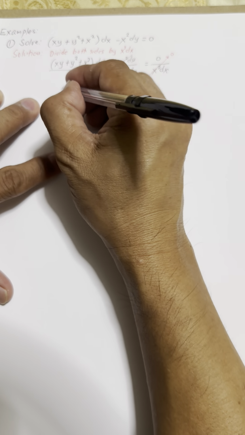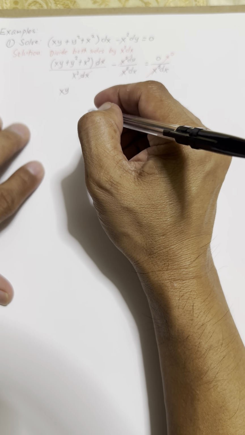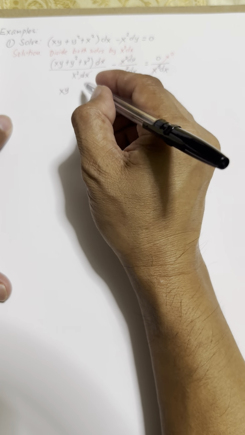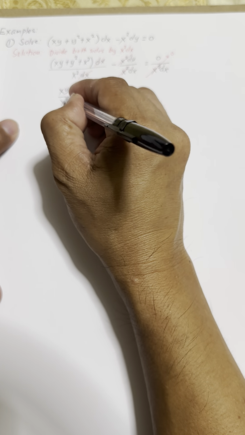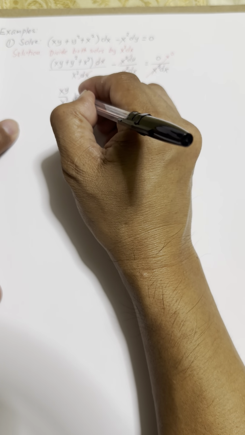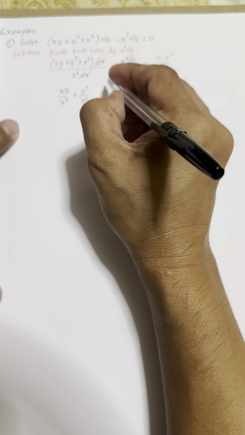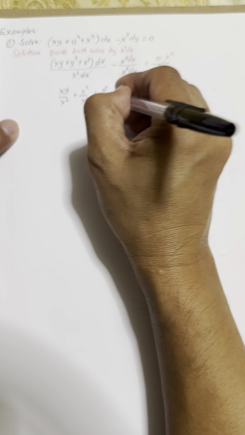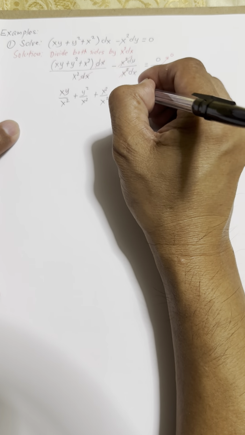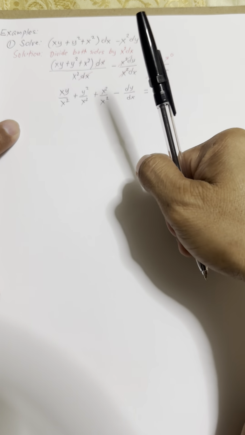Then the first term becomes x times y, and then we divide individually each term here by x squared, then plus y squared over x squared, then plus x squared divided by x squared, minus dy over dx equal to 0.